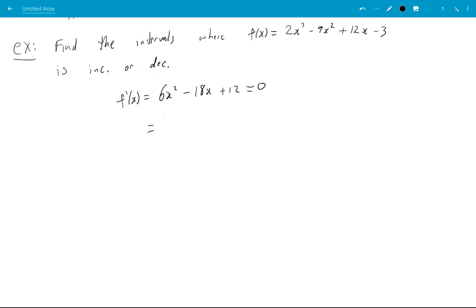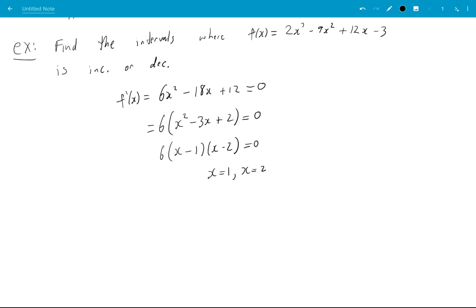I'm going to solve by factoring. So what do I get? 6 times (x minus 1)(x minus 2) equals 0. So x equals 1, x equals 2.